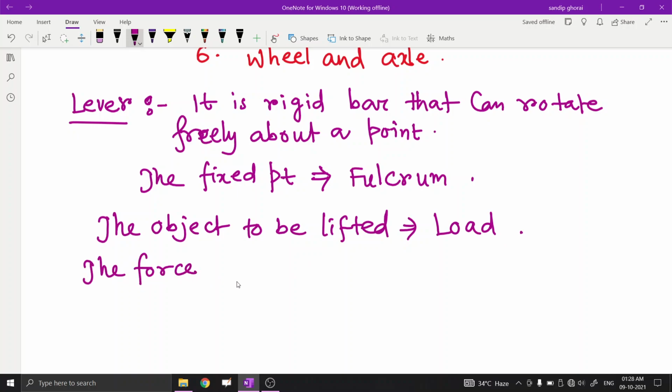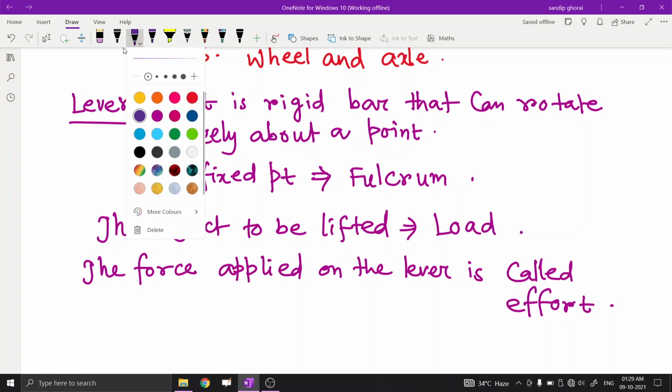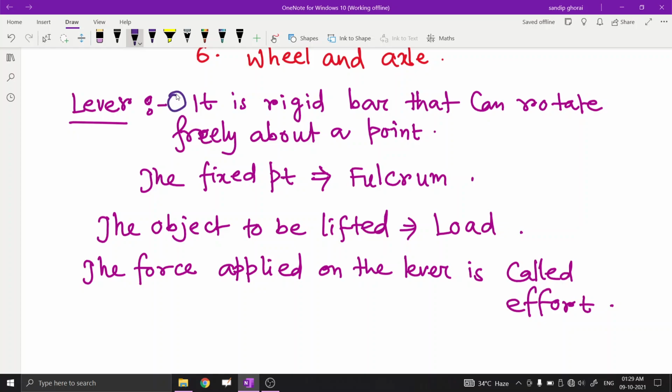So these are the main key points: first the definition of lever, second what is fulcrum for a lever, third what is load for a lever, and the last one is what is effort.